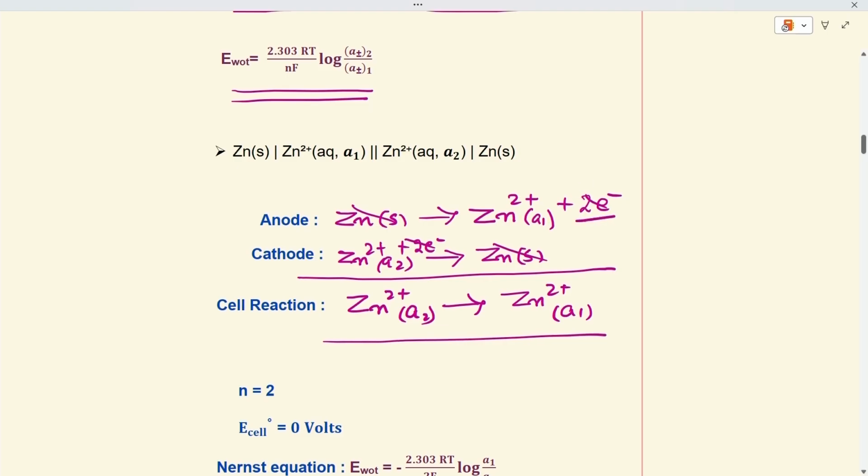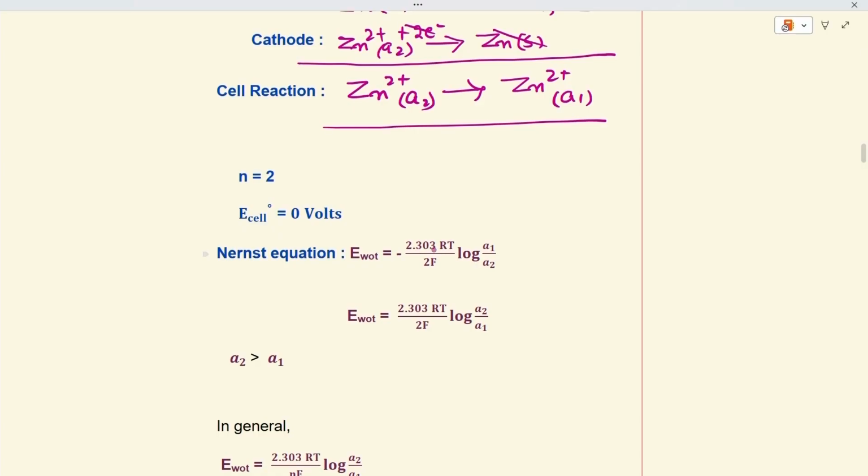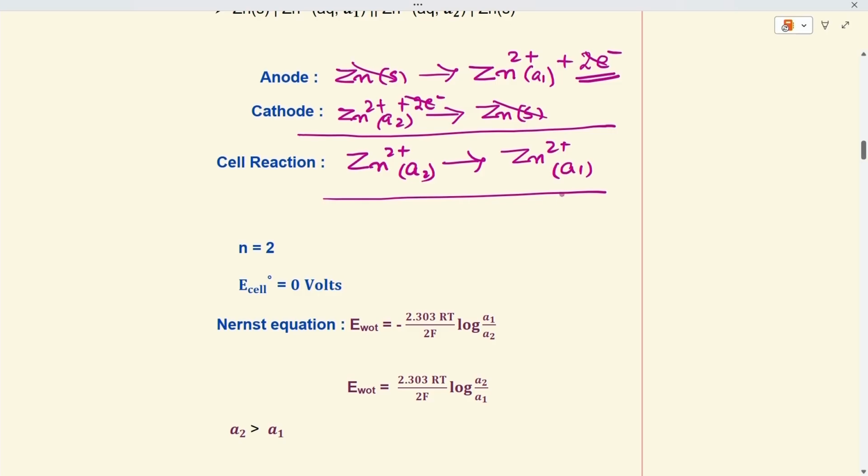Now, please note the value of n is 2 and E naught of cell is equal to 0. The EMF of the cell without transference, E WOT, is equal to minus 2.303 RT by nF log products by reactants, so A1 divided by A2.